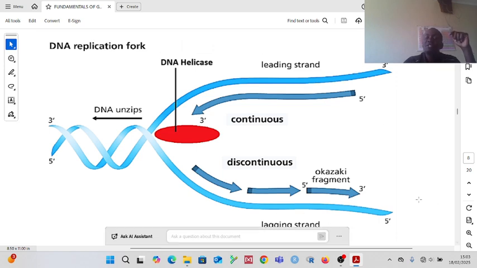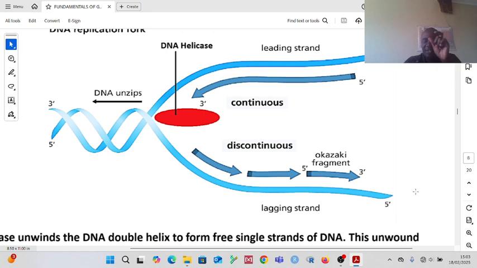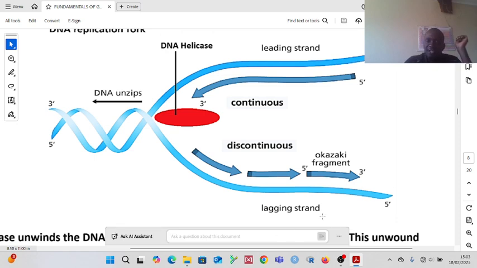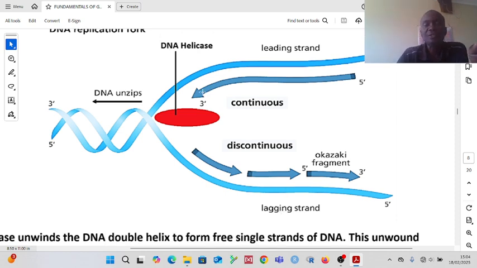Then on the strand where elongation is happening in a discontinuous way from inside outside, creating those fragments, that strand that was being used as a template, we call that the lagging strand. So at this point now, we'll end up with one continuous new strand and another strand which is new but in short fragments. Okay, in short fragments.